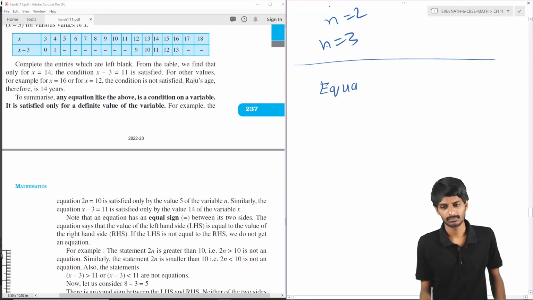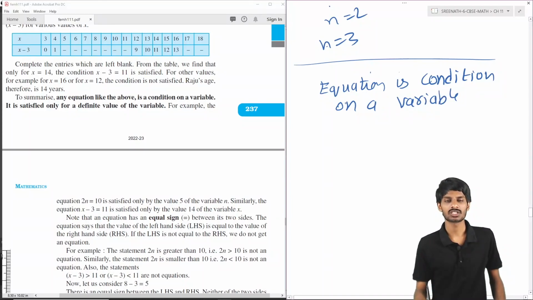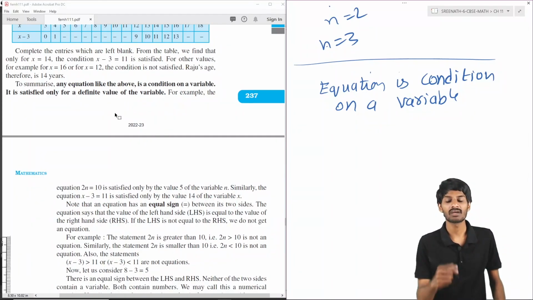Equation is nothing but a condition on a variable. It is satisfied only for a definite value of the variable.